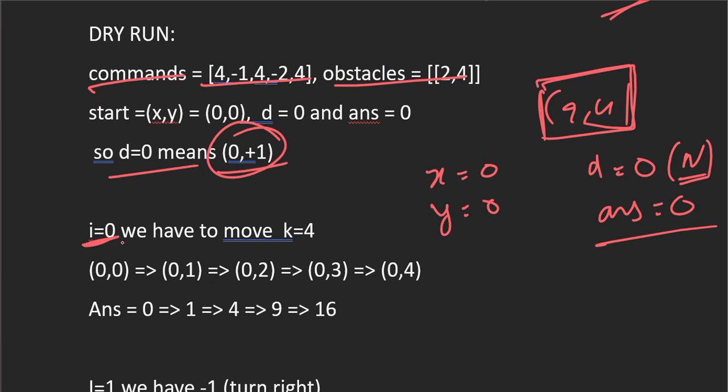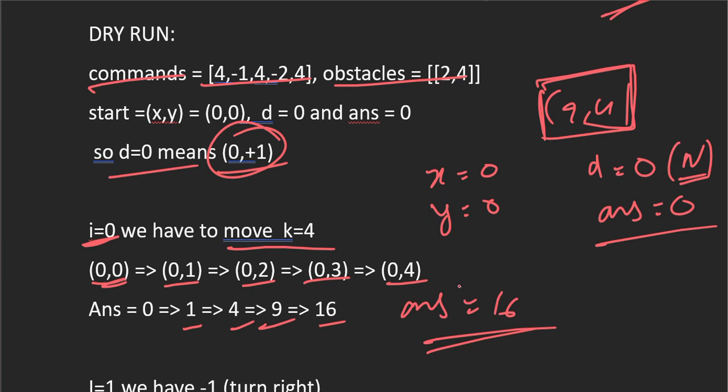So at i equal to 0 we have to move k equal to 4 steps. So we move from 0 comma 0 by 4 steps in the north direction, that is 0 comma 1, 0 comma 2, 0 comma 3 and 0 comma 4, right? So our answer will be 0 initially, then 1, 4, 9 and 16. So up to this point our answer is 16.